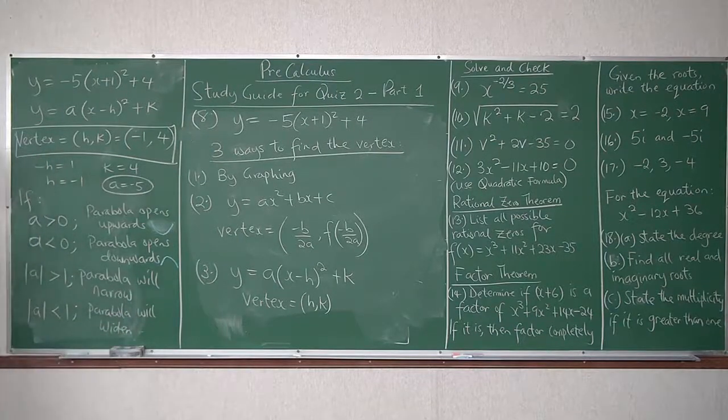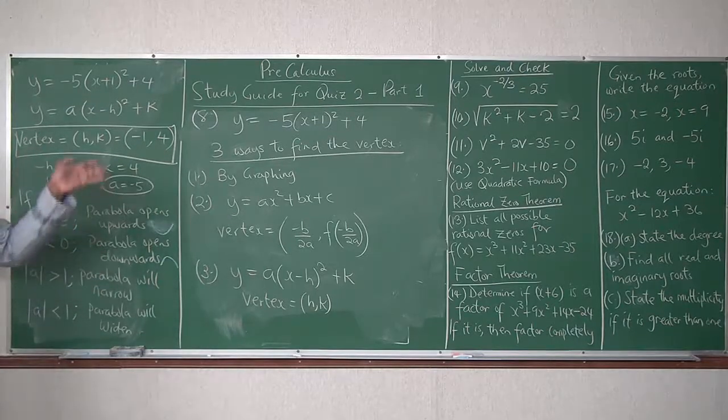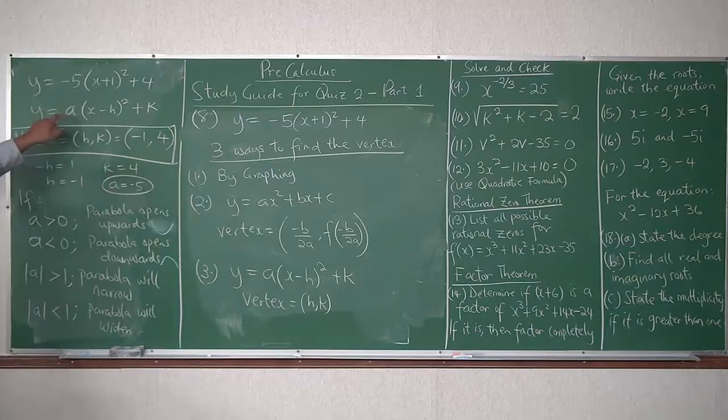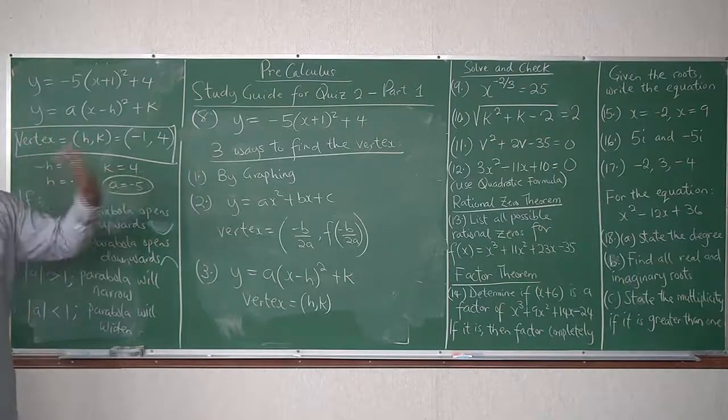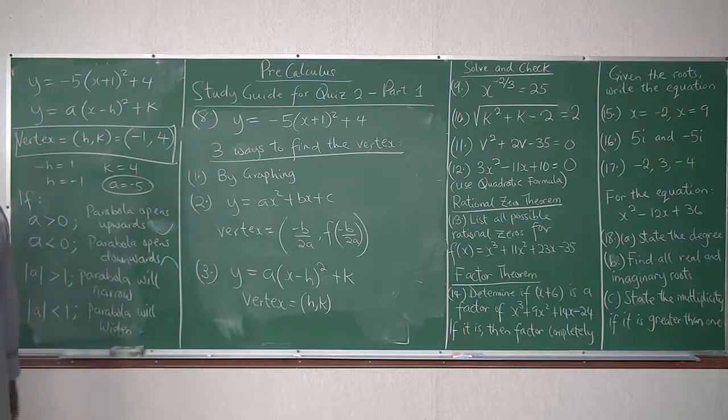I mean, this is just for extra knowledge. If it's like 1/2 or 1/4, the parabola will widen. But if it's like 2, 3, 4, 5, it will narrow. I did this in my video. You can test it and play with it.